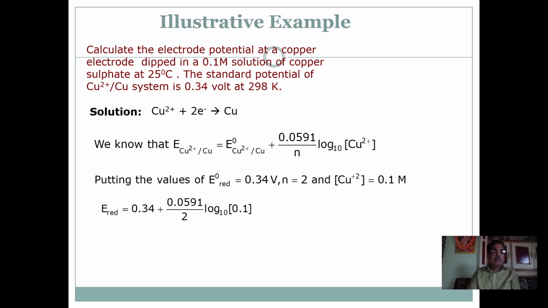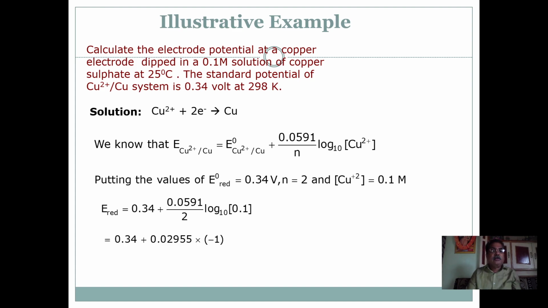Therefore the equation becomes E Cu²⁺/Cu = 0.34 + 0.0591/2 log 0.1 to the base 10.